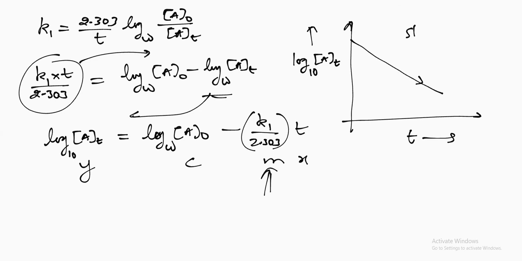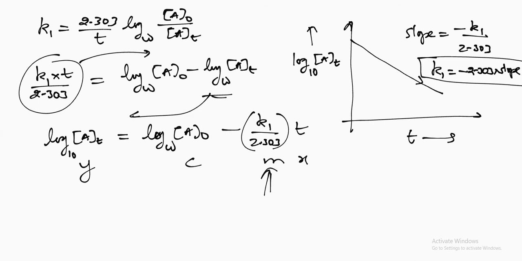The slope is equal to minus k1 by 2.303, or k1 equal to minus 2.303 times slope. Note down: k1 equal to minus 2.303 into slope. See the difference. First we plotted A versus t, then we plotted ln A versus t, then finally we have plotted log base 10 A versus t.